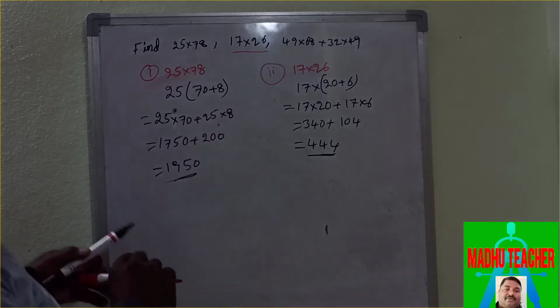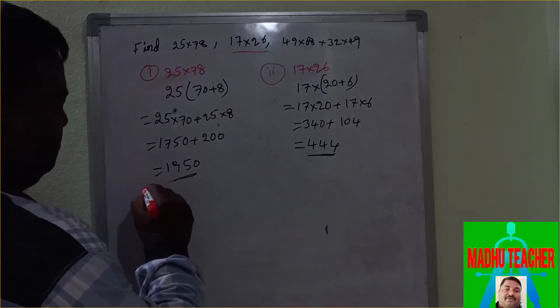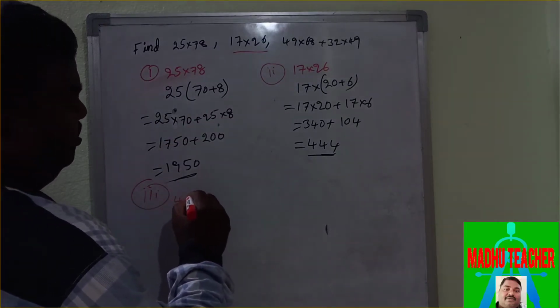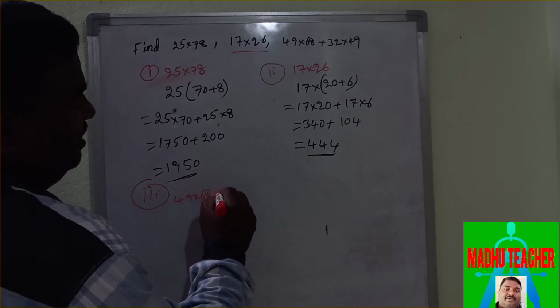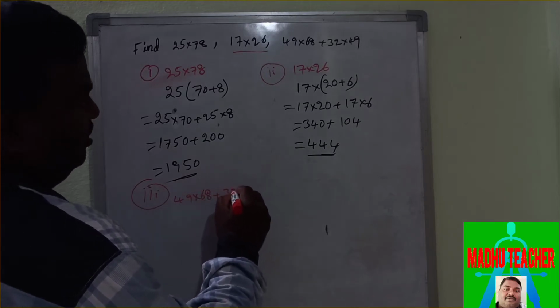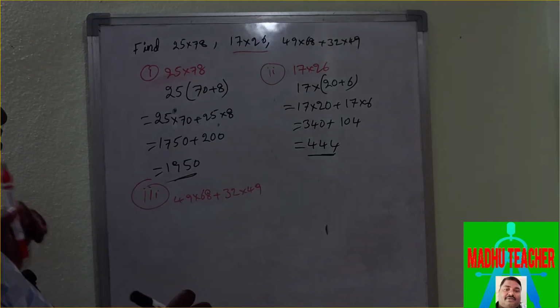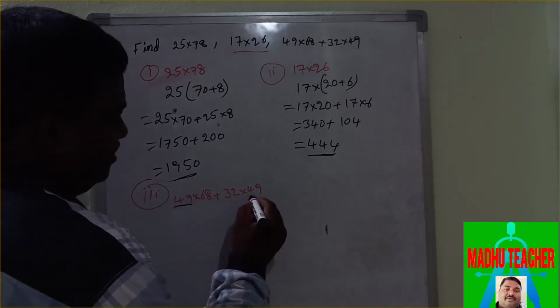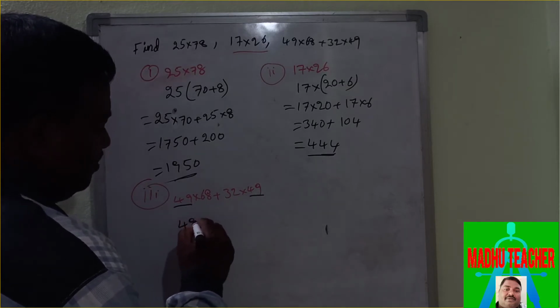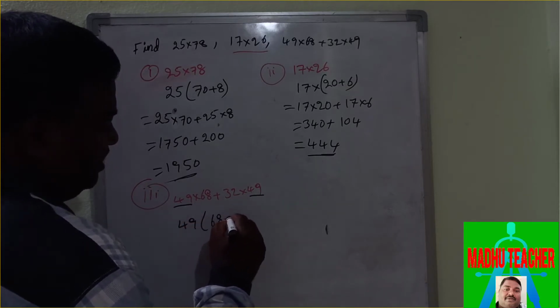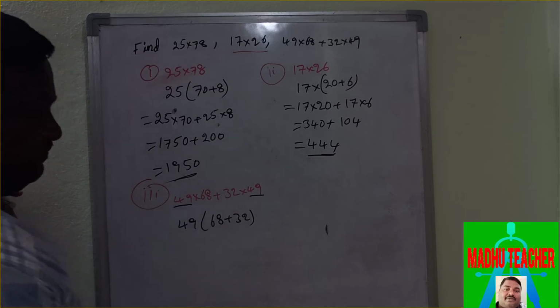Let us see the third one. What is the third one? 49 into 68 plus 32 into 49. By using distributive property, we can write 49 before the bracket. Then we can write 68 plus 32.